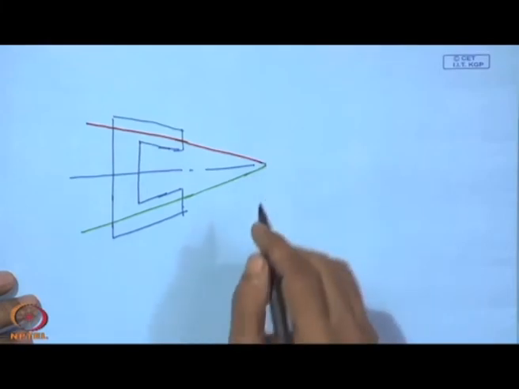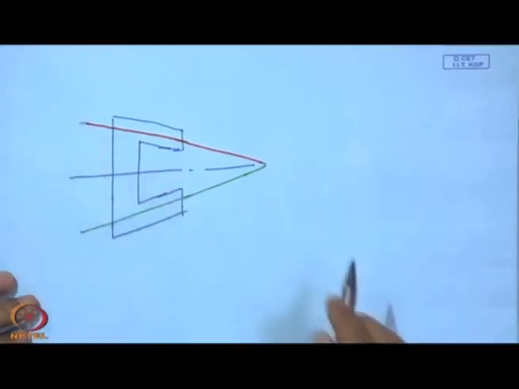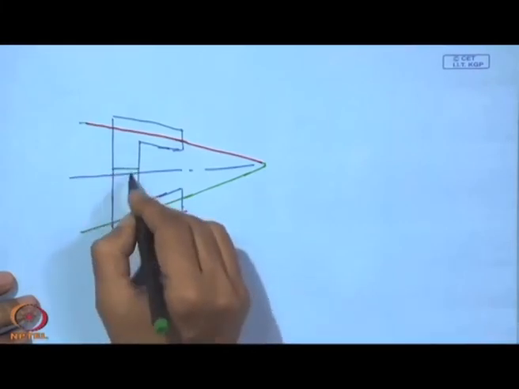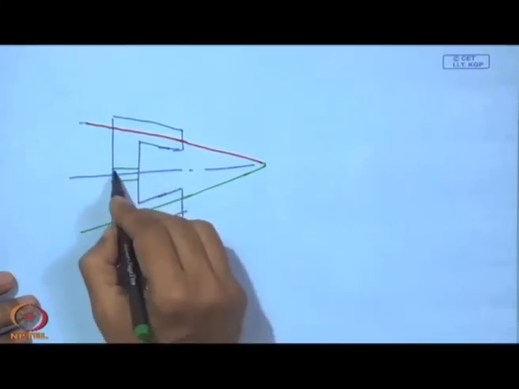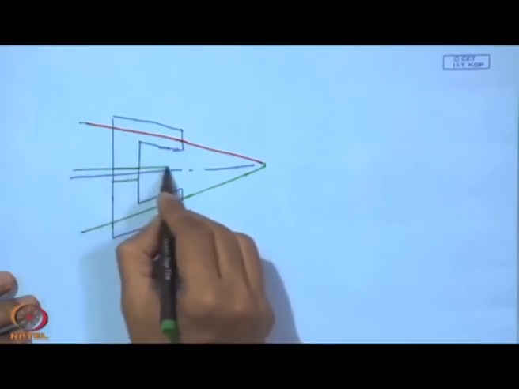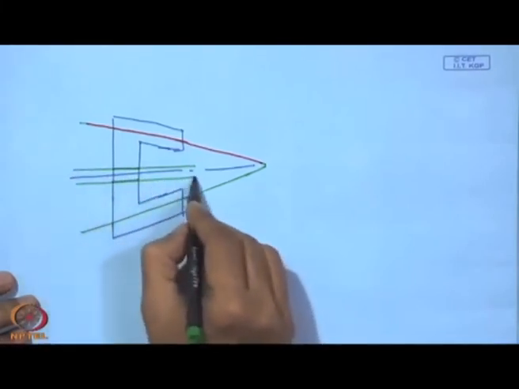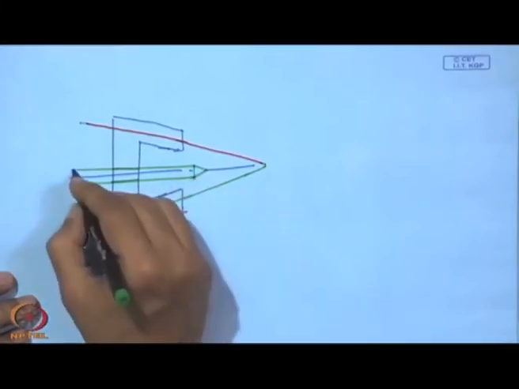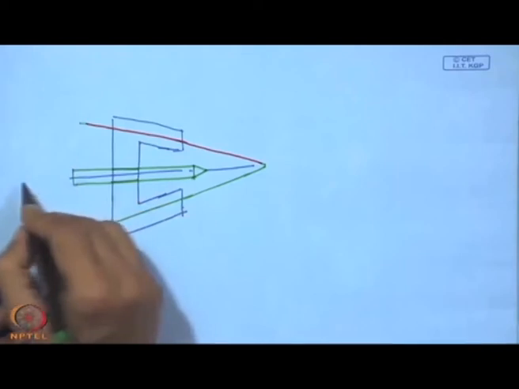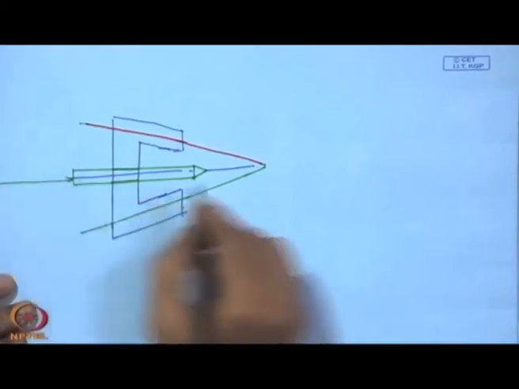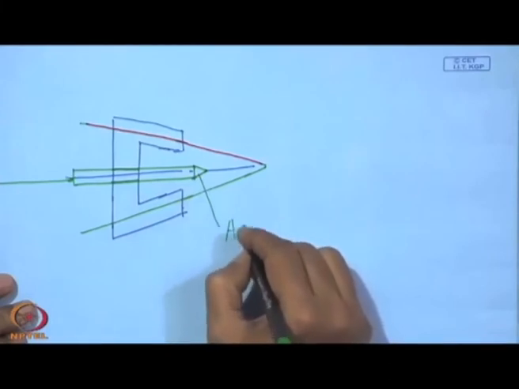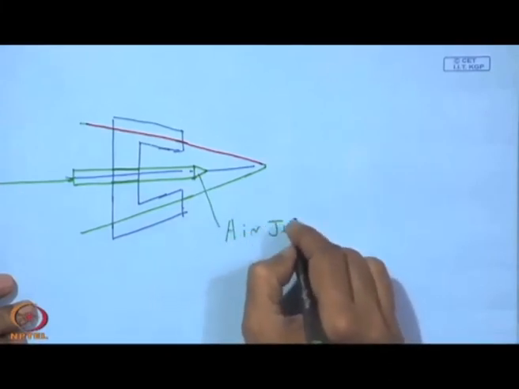So, these are the 2 wires, and through this centrally we have one arrangement to have an air jet. So, this will be the air jet which will be readily available.